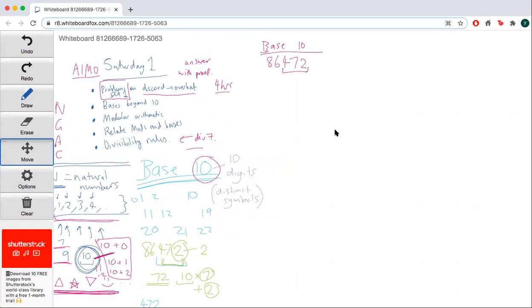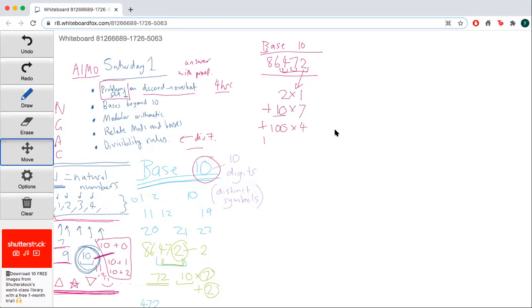But in general, what you do to express any number in base 10 expansion is you take the last digit and you multiply that by 1, because the last digit tells you how many ones. And then you take the second last digit and you multiply that by 10, because the second last digit tells you the amount of tens. And then the third last digit tells you the amount of hundreds.